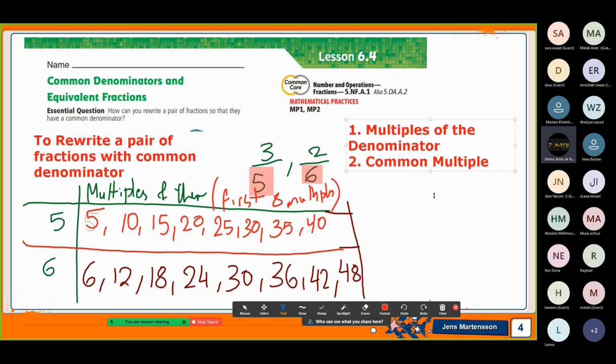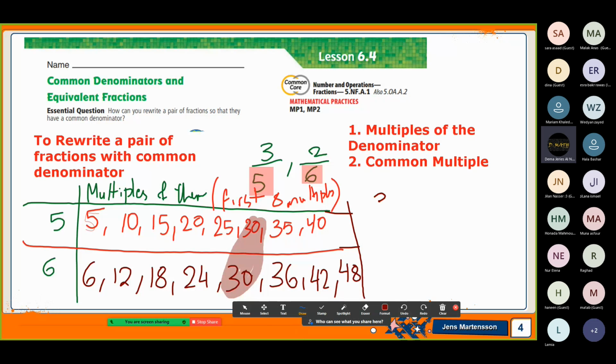What do I mean by the common multiple? Like here we have 5. Look at, search about the commons. What are the commons here? Who can tell me? 30. So this is the only common. So where are the commons here? They are 30. So then after that, what do I have to do next now?